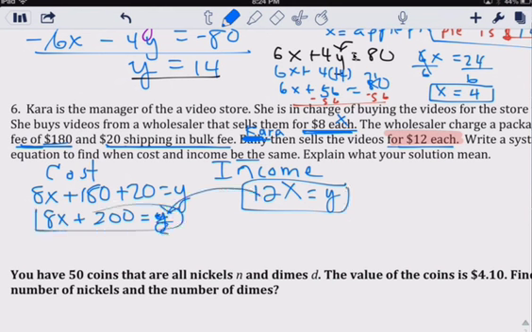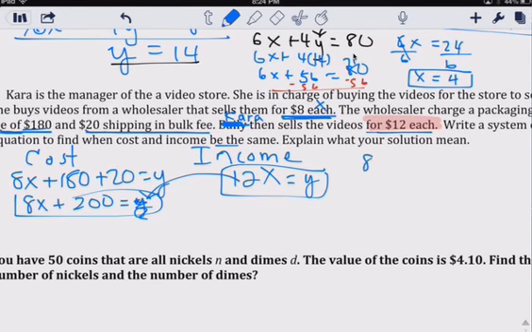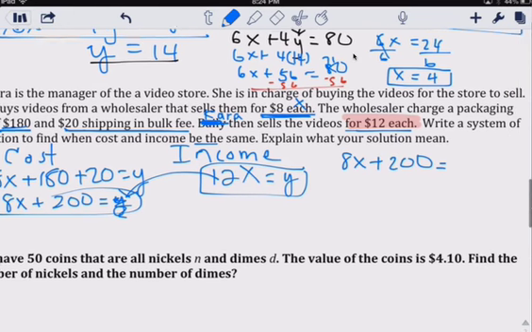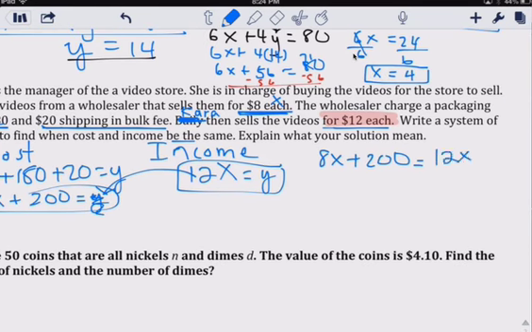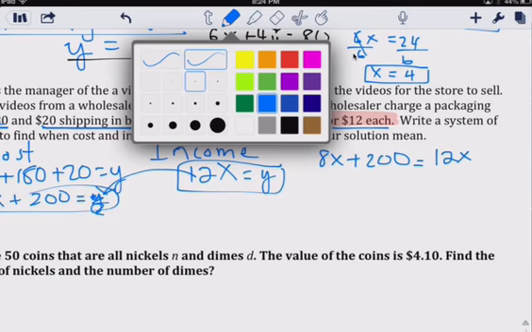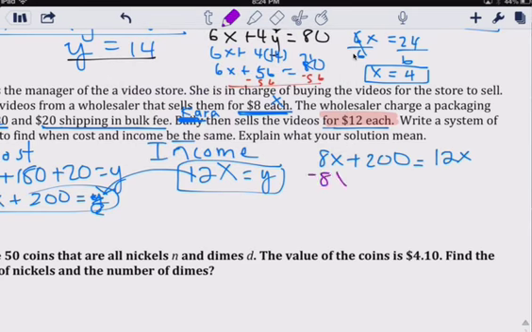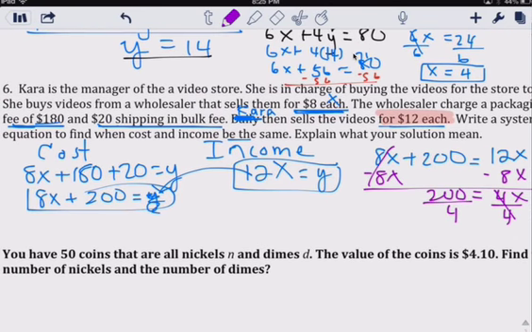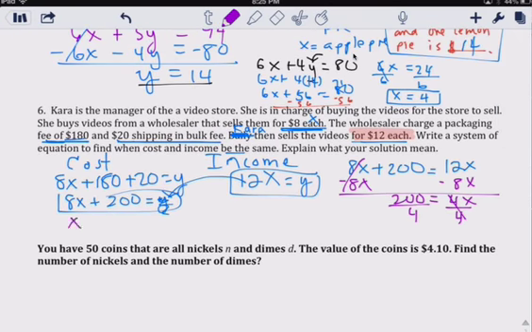So we get 8x plus 200 equals 12x. Minus 8x, minus 8x. 200 equals 4x. Divide by 4, divide by 4. Okay, x is the number of videos. So keep in mind what you're solving for.